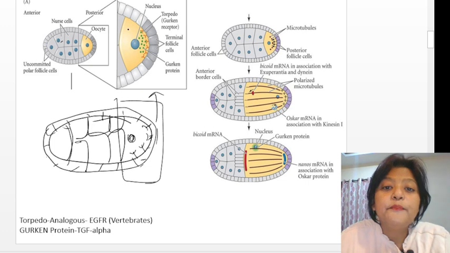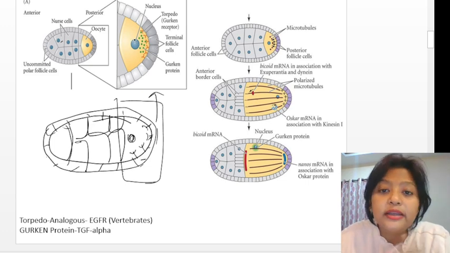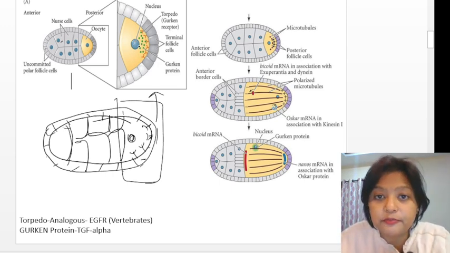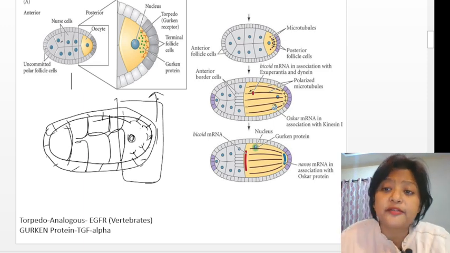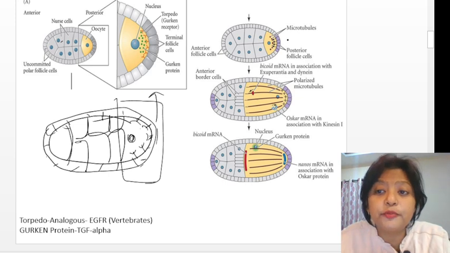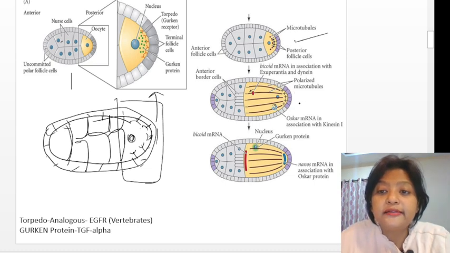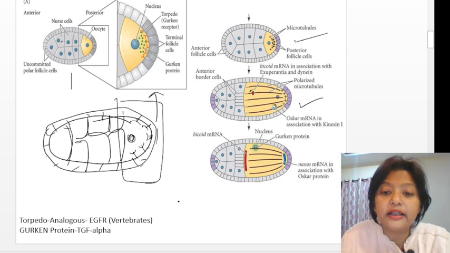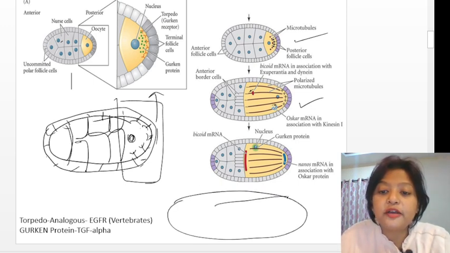In the nucleus, they form the gurken mRNAs. These gurken mRNAs are accepted by the torpedo receptors, and this leads to further processes like the formation of microtubules. I'll just show you in the structure. See, the microtubules are formed.